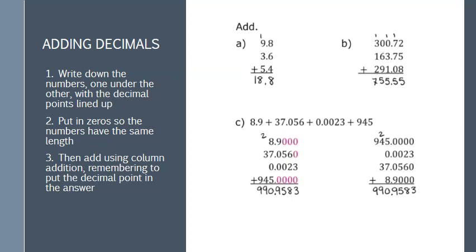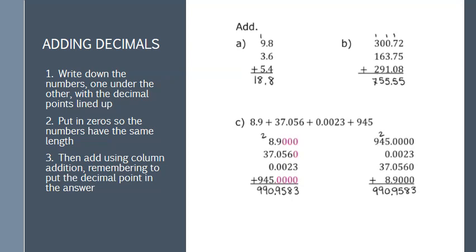You can just align it with the 8.9 decimal. 0.0023, you can align that with the last two decimal numbers. And then with 945, it's always assumed that with whole numbers, the decimal point is at the end. It's never actually formally written, but it's always assumed that. Therefore, if the decimal point is at the end of the number, we're going to align that decimal with the last three decimal numbers, and then do our addition.